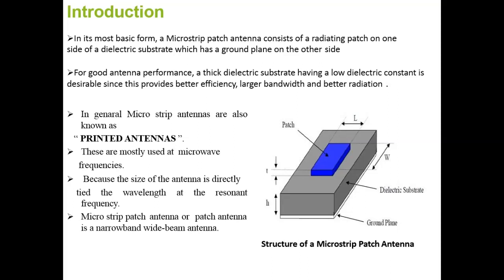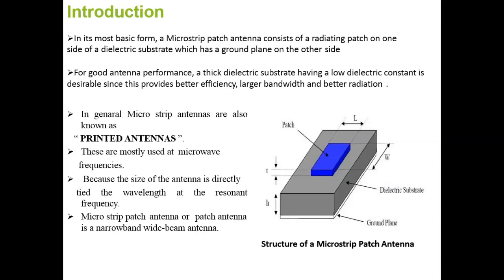Here in the side diagram, the microstrip patch antenna is shown. These printed antennas are mostly used at microwave frequencies, wherever high frequencies are there. Very, very important, because the size of the antenna is directly tied to the wavelength at the resonant frequency.